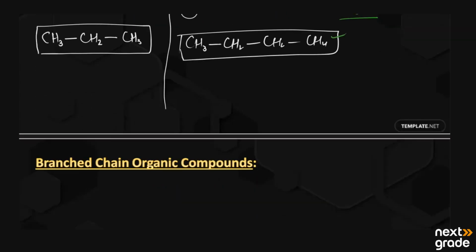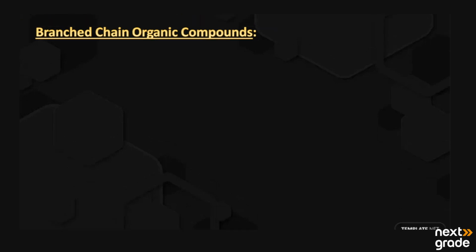Next, we have the second type of the open chain organic compounds. It is the branch chain organic compound. In the branch chain, the carbon atoms are not present in a linear sequence; rather they form a branched chain structure.